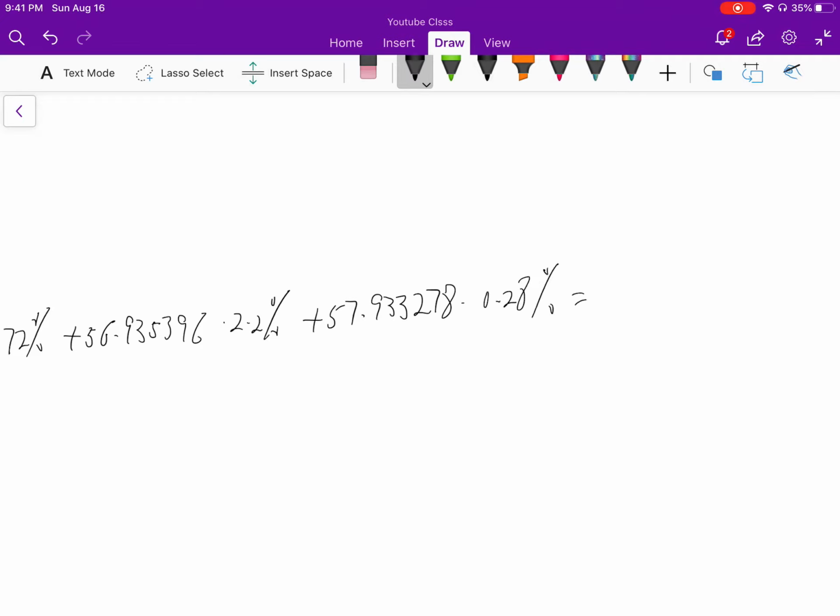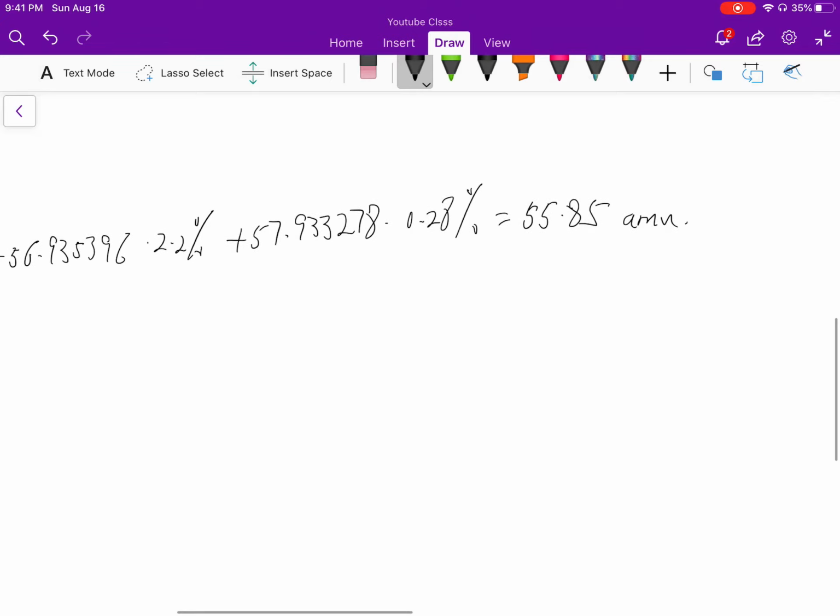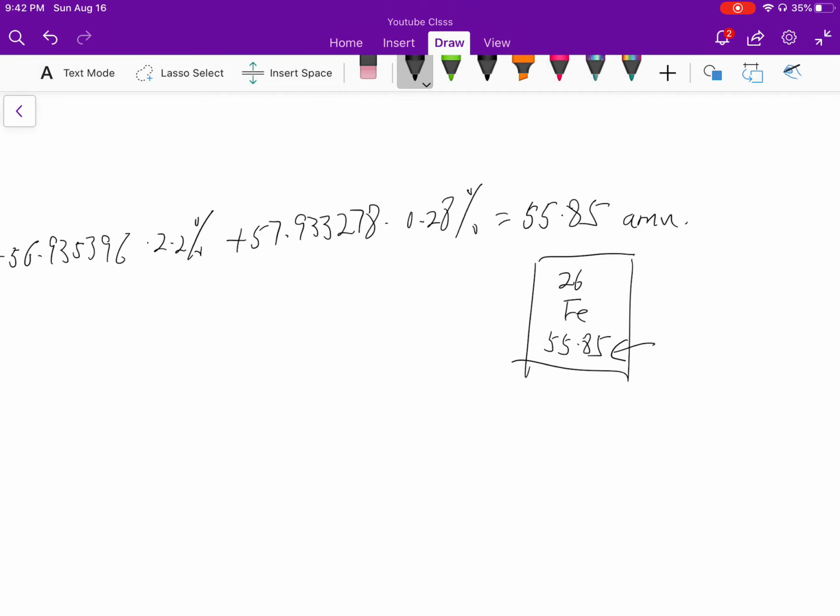And if I calculate this and take the average of them, I get somewhere around 55.85 AMU. And if you go to your atomic chart for Fe, which has 26 protons, 55.85 is actually the relative atomic mass that's pointed out here.